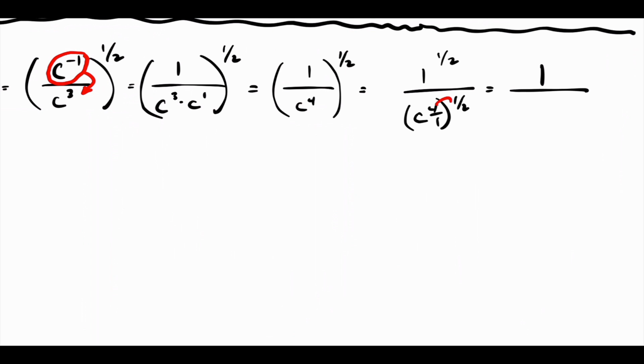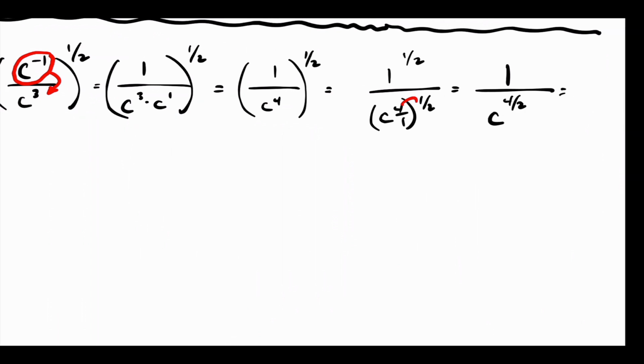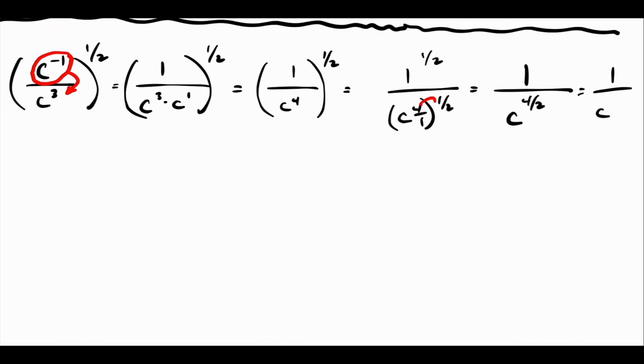Multiply. I get c to the 4/2. Divide. 1/c². Done.